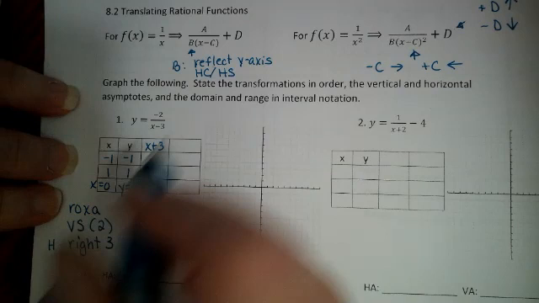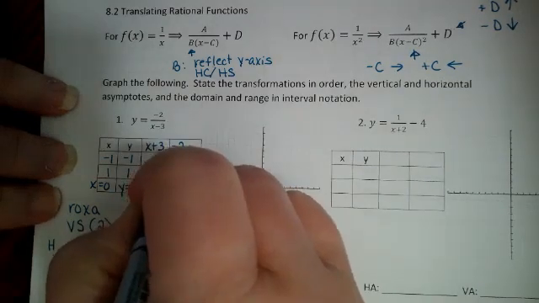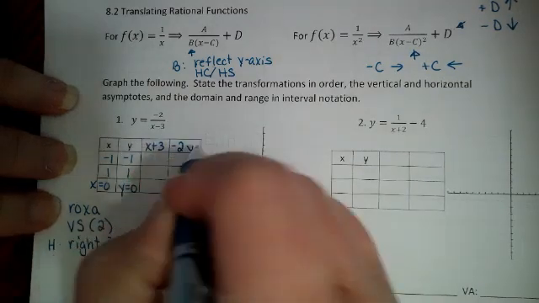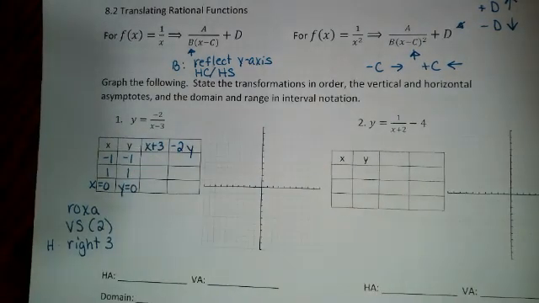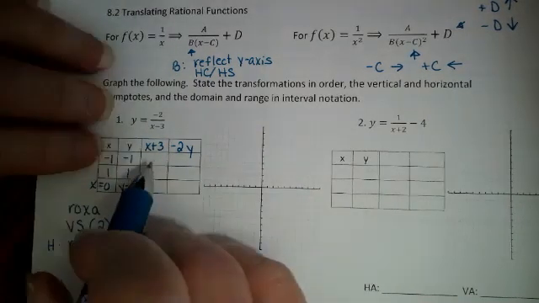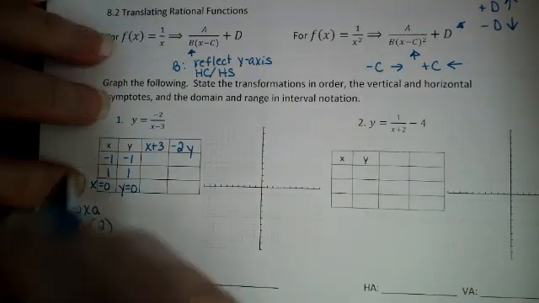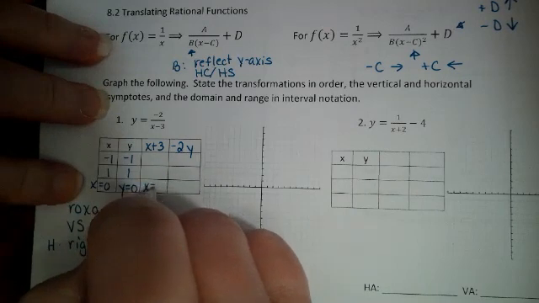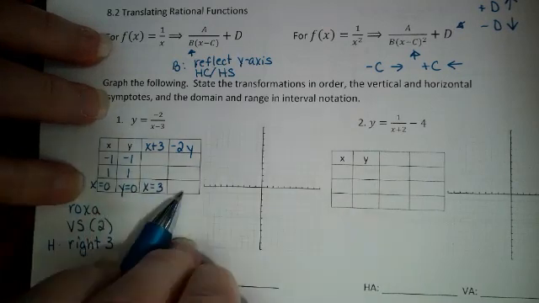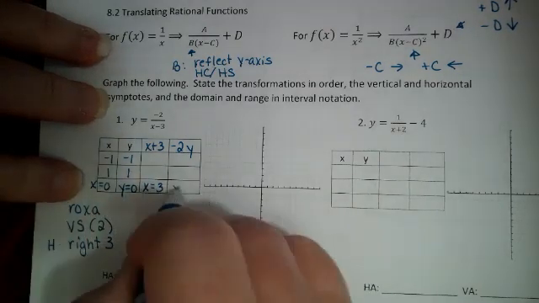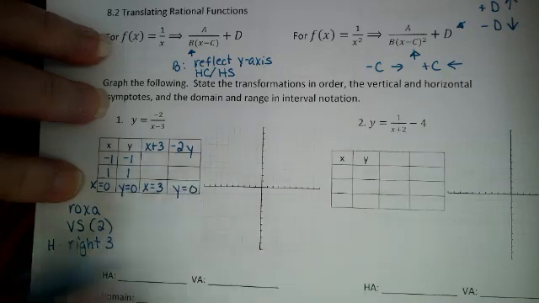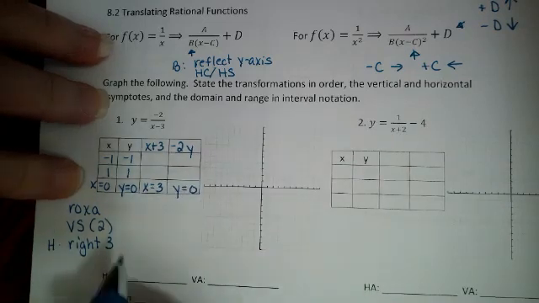My verticals were a reflection over the x-axis and a stretch by 2. Now, because we moved to the right 3 spaces, my new asymptote is going to be x equals 3. I did not move up or down, so my horizontal asymptote is still y equals 0.